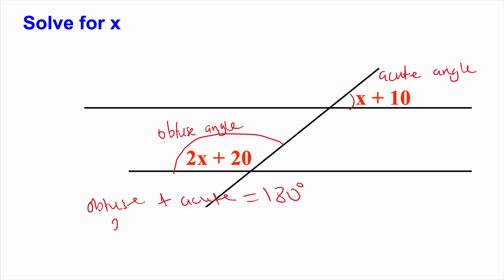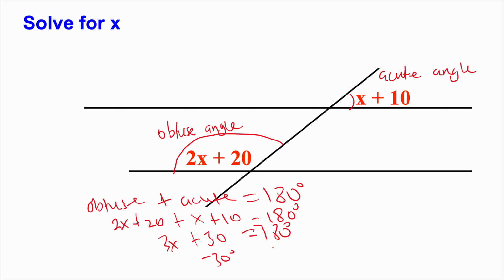So we have 2x plus 20 plus x plus 10 equals 180. So you have 3x plus 30 equals 180.